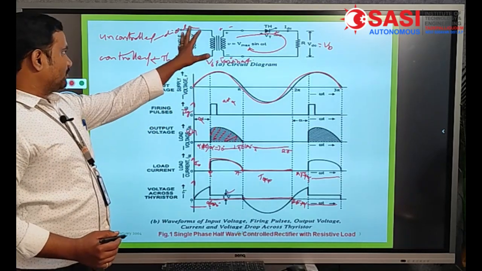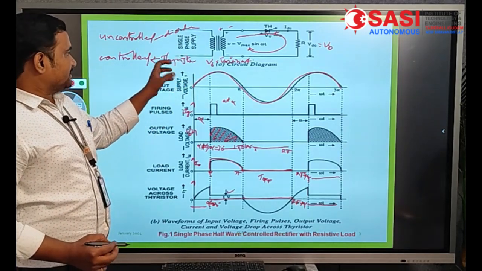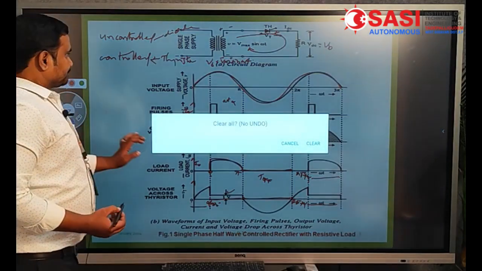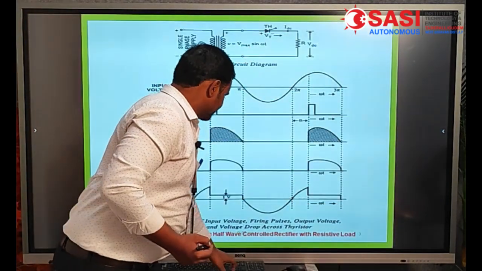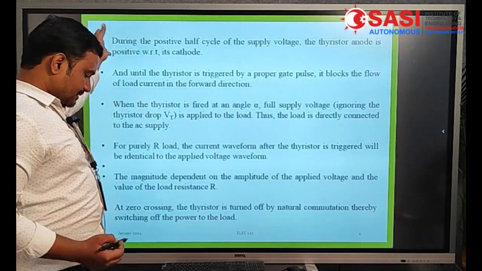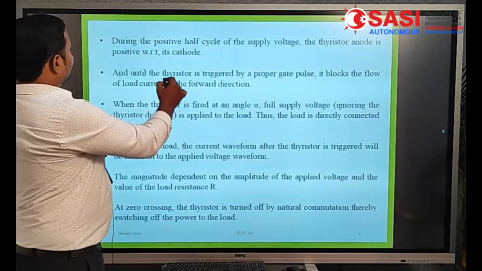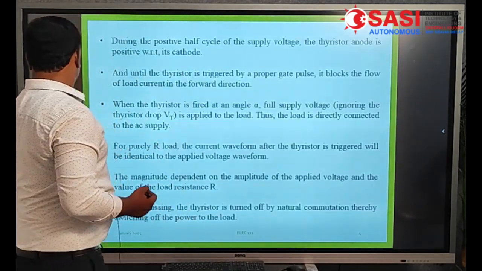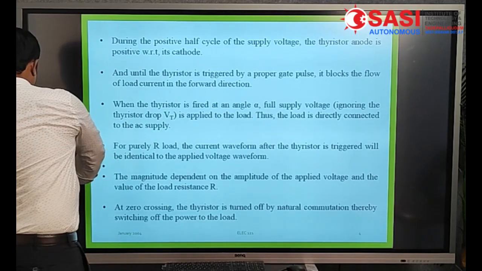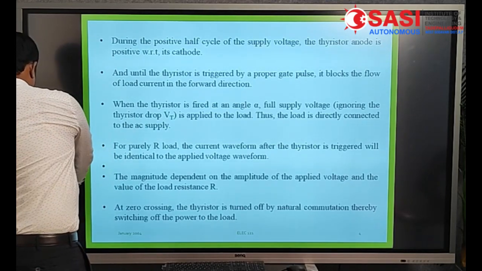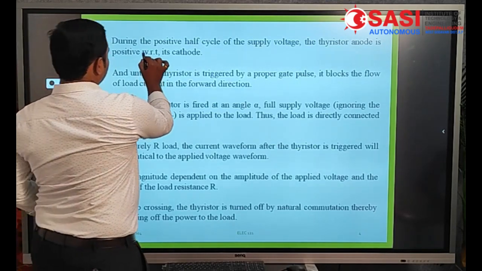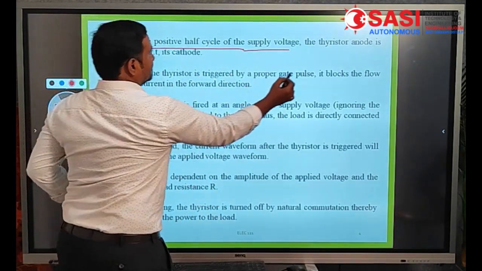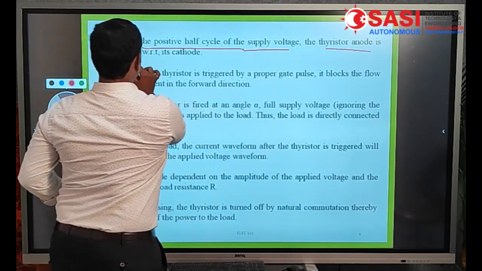So we are taking only a resistive load analysis in this circuit. Here we can see during the positive half cycle of the supply voltage, the thyristor anode is more positive than the cathode.